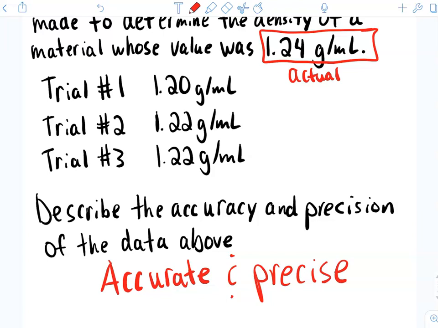Now, last thing that we are going to talk about in this video is something called percent error.